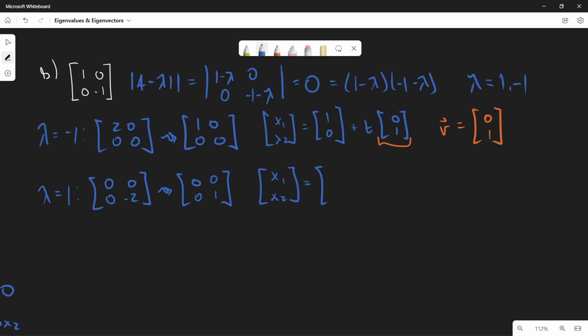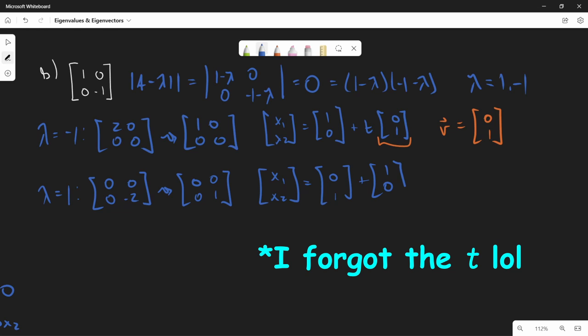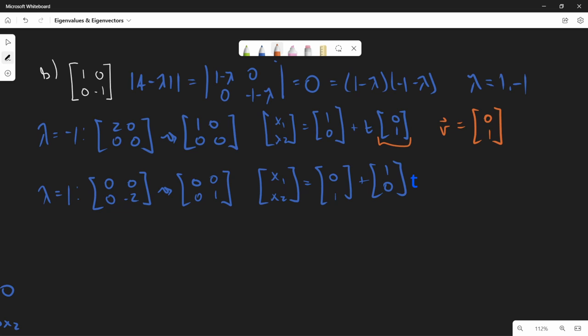So this would be 0, 1 plus t times 1, 0. And so our second eigenvector will just be 1, 0. This leaves us with the answer of lambda equal to negative 1 with v1 equal to 0, 1, and lambda equal to 1 with its eigenvector being 1, 0.